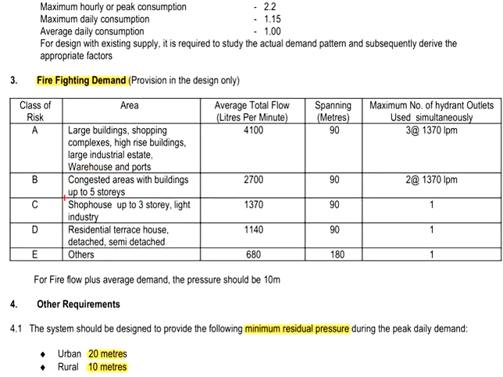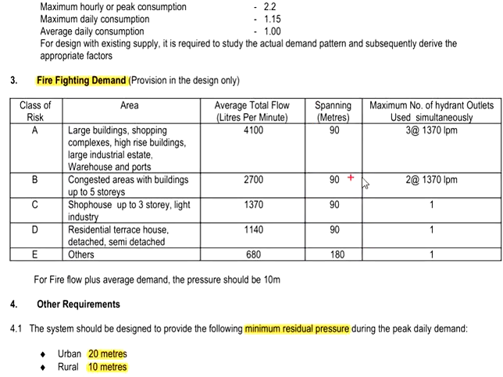Class C, shop house, up to 3-story light industry. Class D, residential terrace house, detached, semi-detached. And Class E, others. The average total flows is given here in the rate of liters per minute, and the spanning in meters are given here.